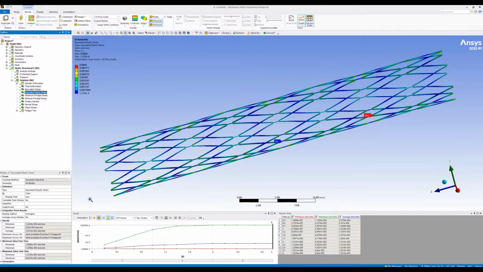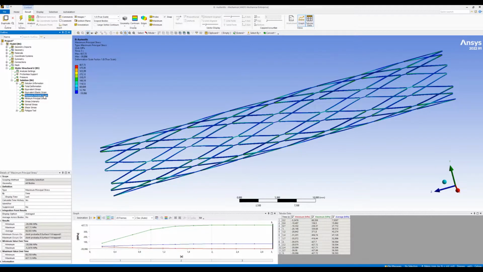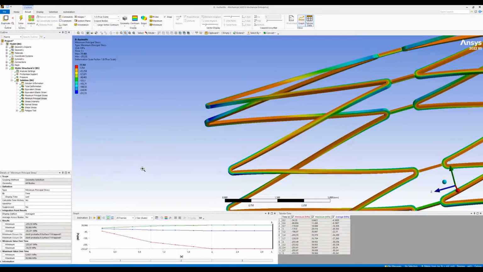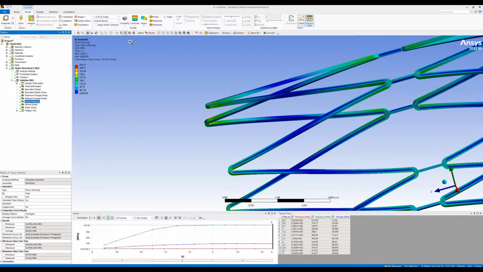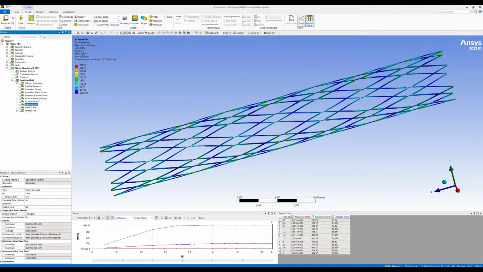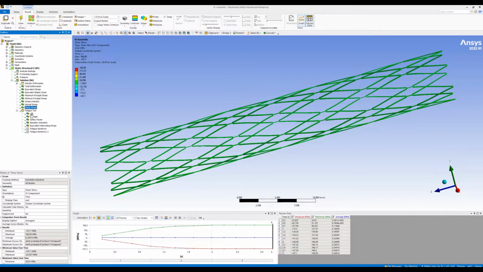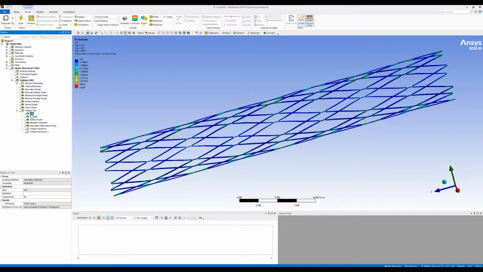Now let's move on to strain in the analysis. The fatigue analysis tools are also used.